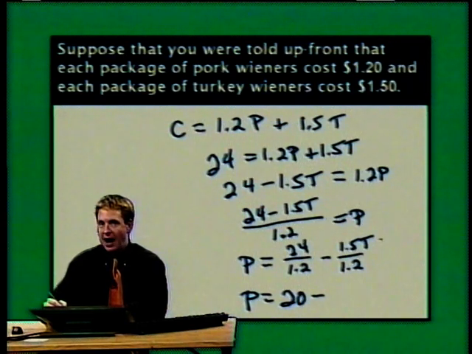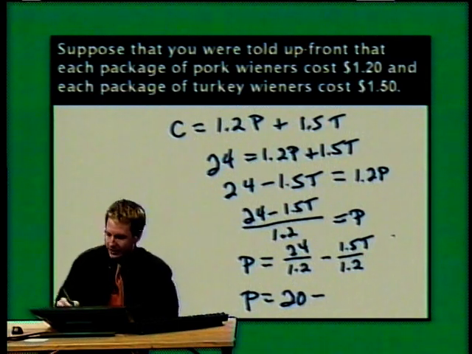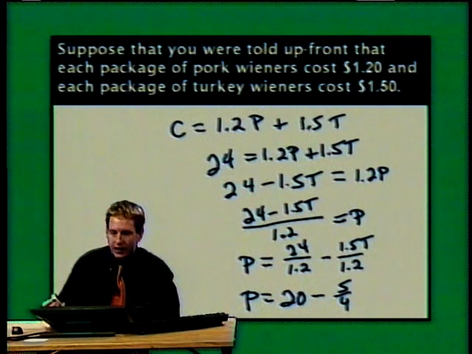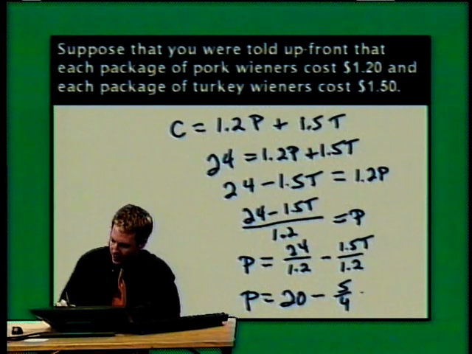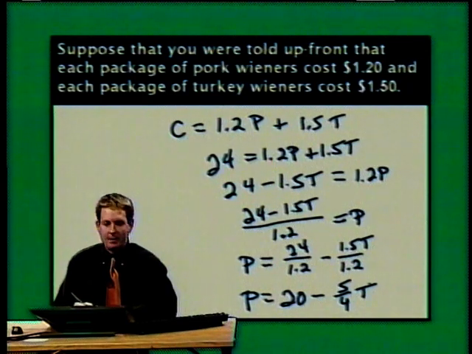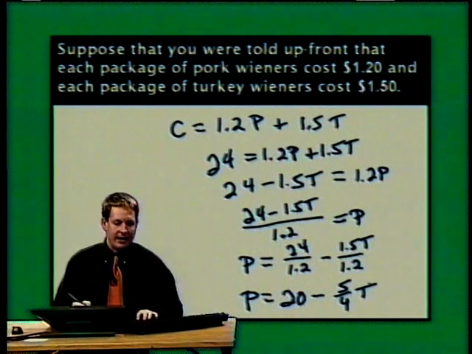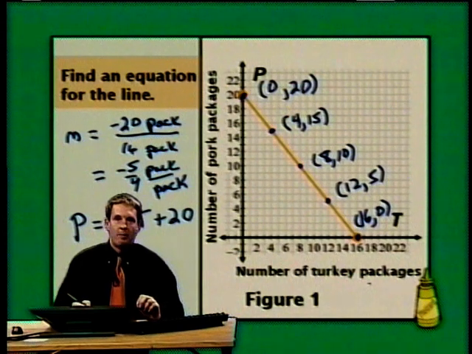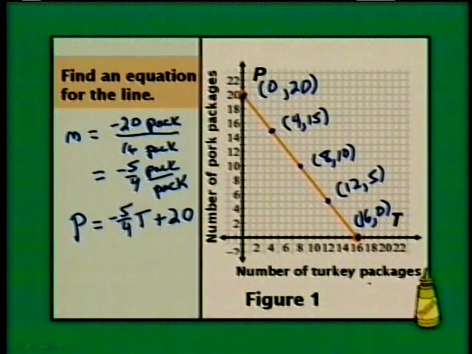And when I factor out 3 over 3, I'm left with 5 in the numerator and 4 in the denominator. P is 20 minus 5/4 T. So what's the observation we want to make? The observation we want to make is, by golly, that's the equation of our turkey and pork wiener line.